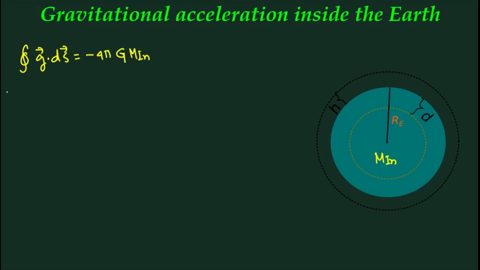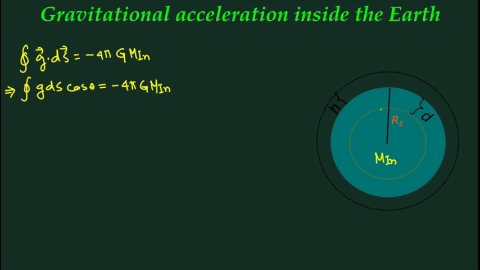So this is equal to the magnitude of g times ds times cos theta, where theta is the angle between g and ds, equal to minus 4 pi G into mass inside.